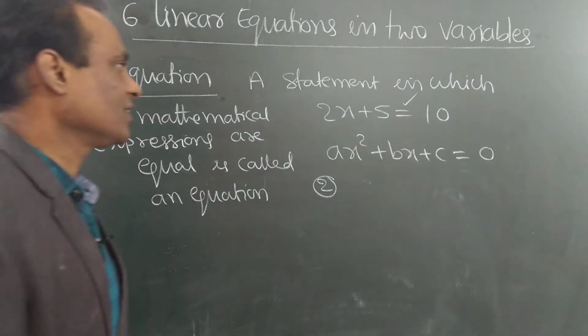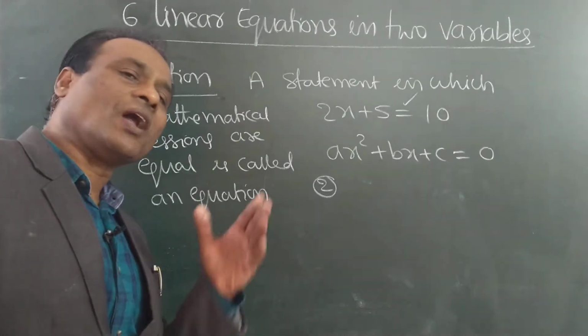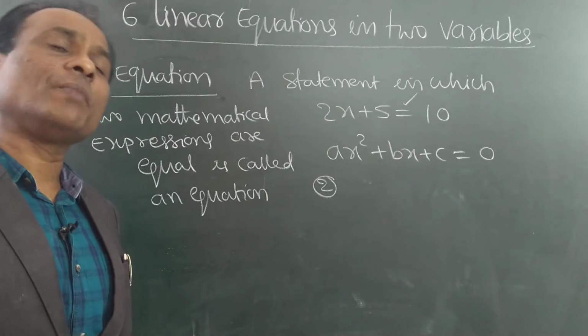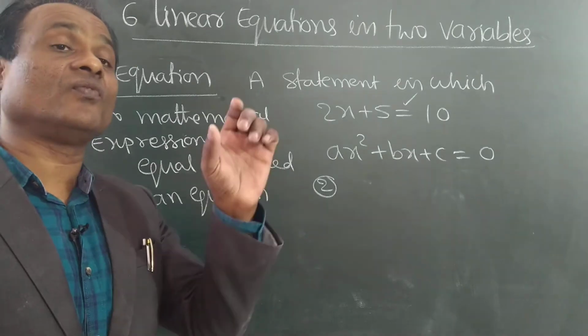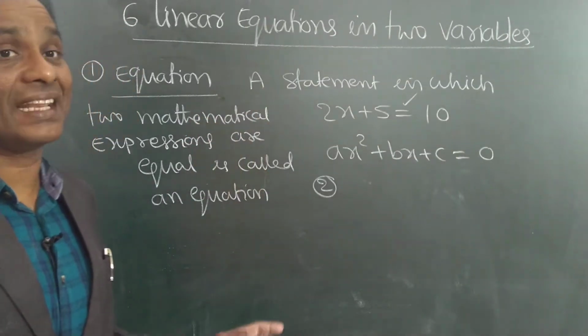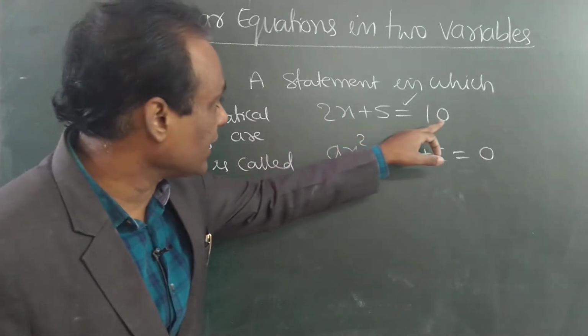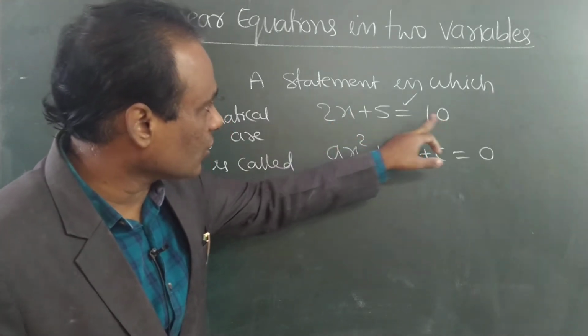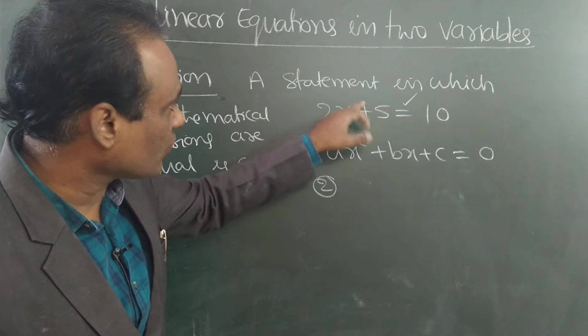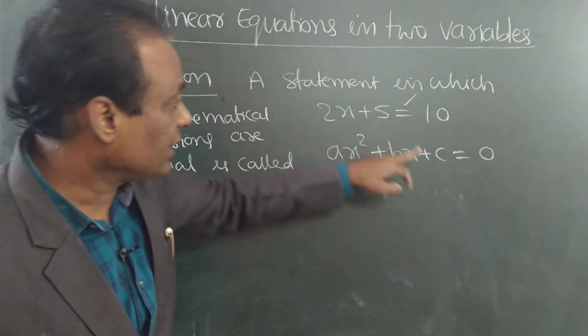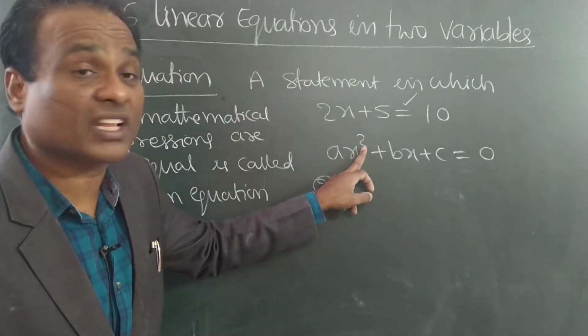Now, in polynomials, we solved many problems based on the degree of an expression. The highest power of x is called its degree. Here the degree of this is 0, the degree of this is 0, here x power is 1, so degree is 1. Here the degree is 2, the highest power is the degree.